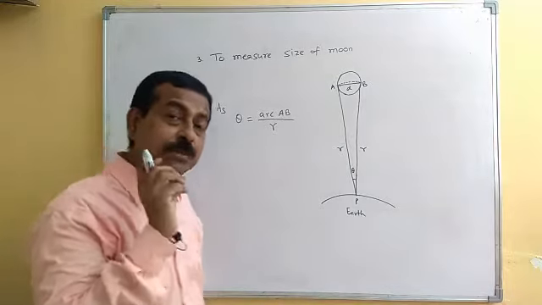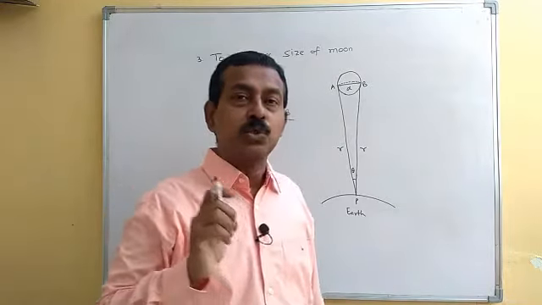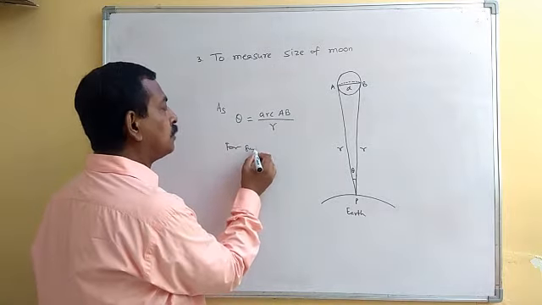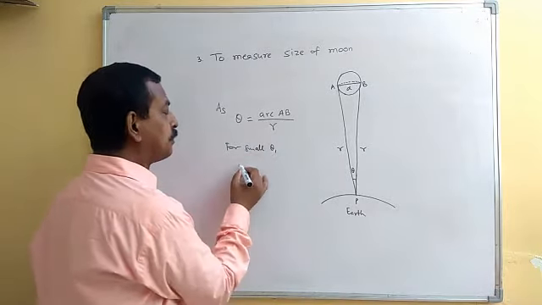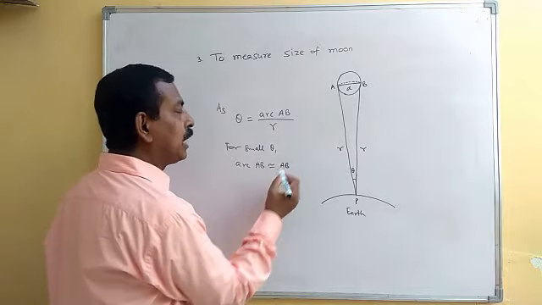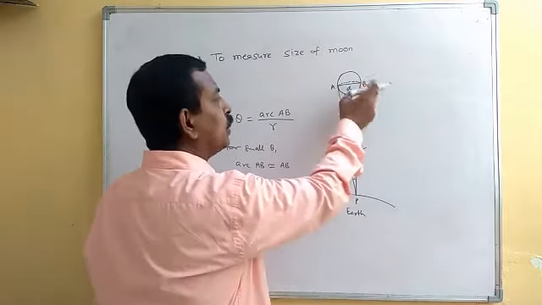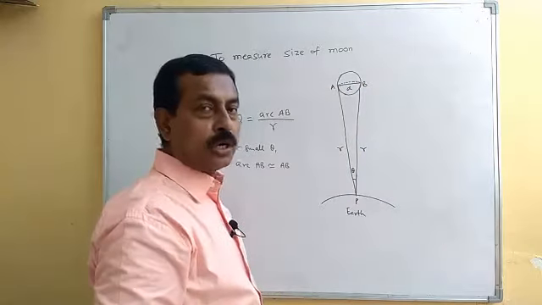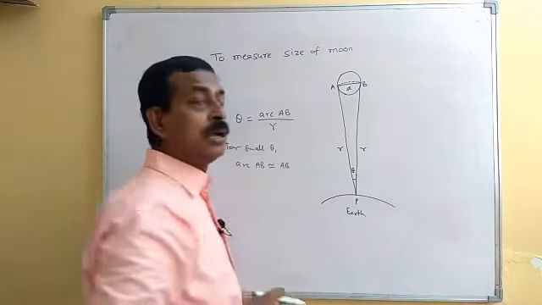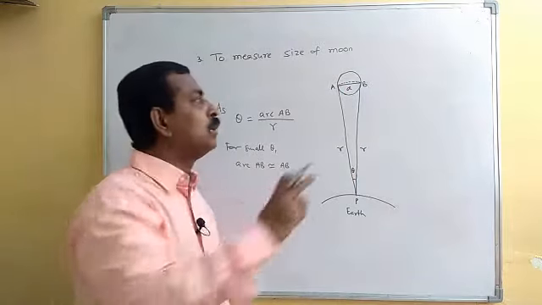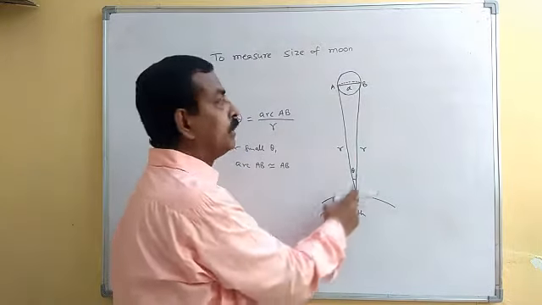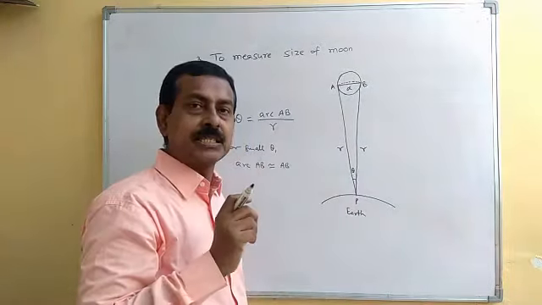Now, as they will be subtending a very small angle, so for a small theta, arc AB will be nearly equal to AB. This arc will be nearly equal to the chord. And remember, this arc, this one we are taking as the arc, means this is the arc for which AP or BP is the radius.